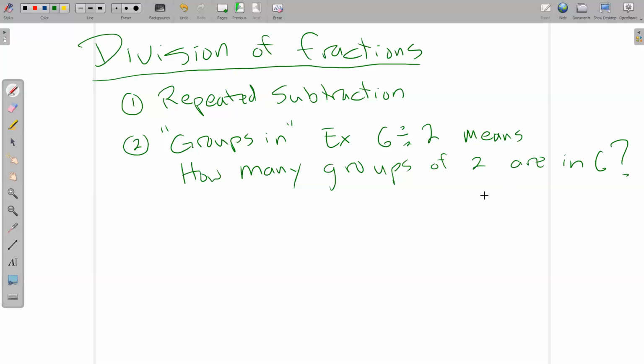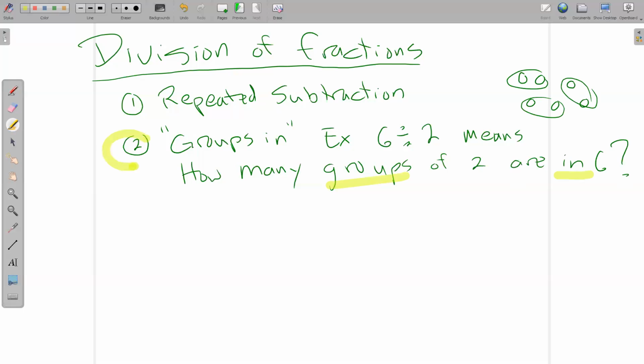Right? And we should be able to see, given 6 things, that there's 1, 2, 3 groups of 2 in 6. And that's related to the repeated subtraction. So this is like the physical version of repeated subtraction. And I call this the groups in method because I'm looking for groups of 2 in 6.